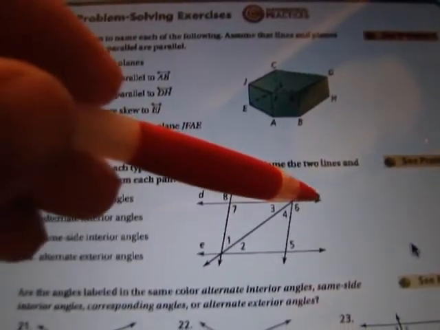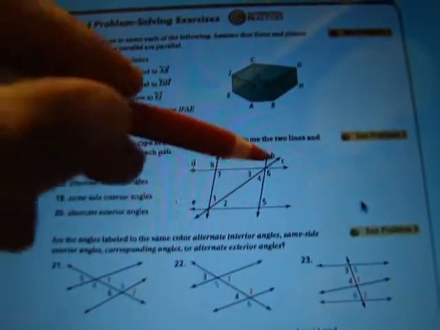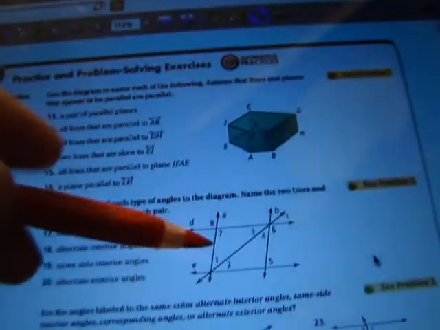So see, 3 and 2 are between lines D and E with transversal C. So angle 3 and angle 2 are formed by line D and line E, and transversal C. We also saw that there was angle 4 and 1, which are formed by A and B and transversal C.